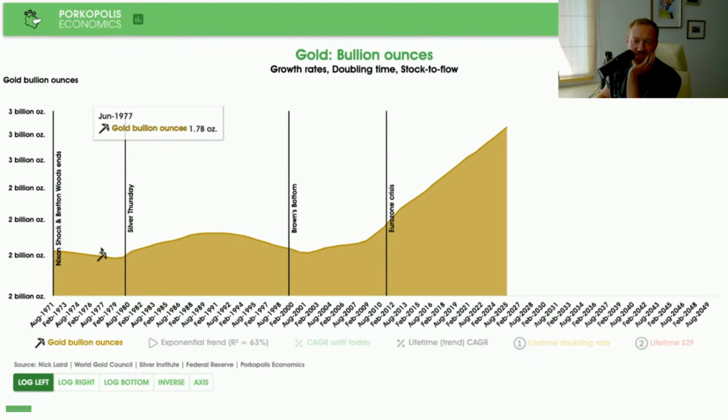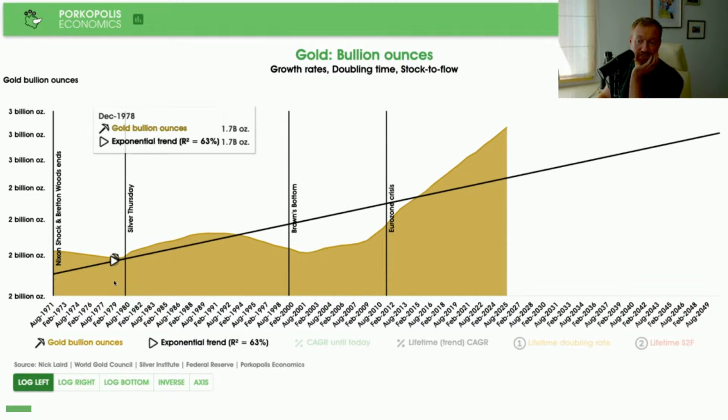But it was sort of fixed this way from 1971 until 2010. And then from the global financial crisis, whoop, it went up. This is no doubt going to be good for gold's price in some way because people are buying this bullion. But it's hardly a great trend.